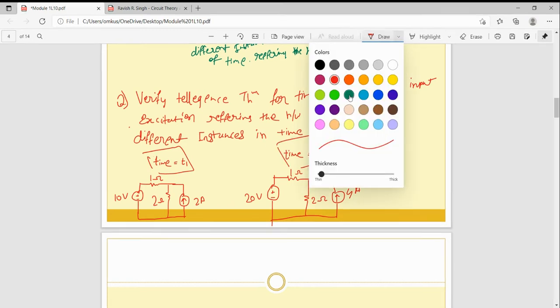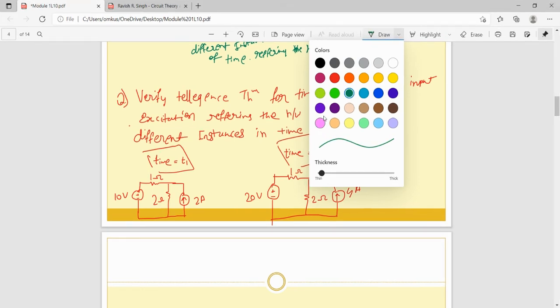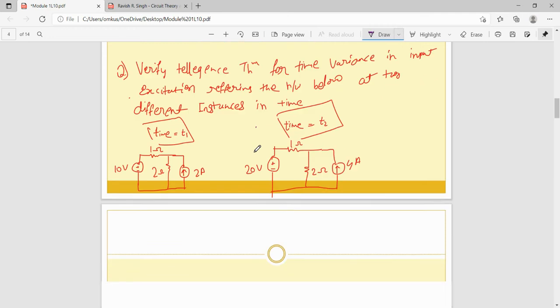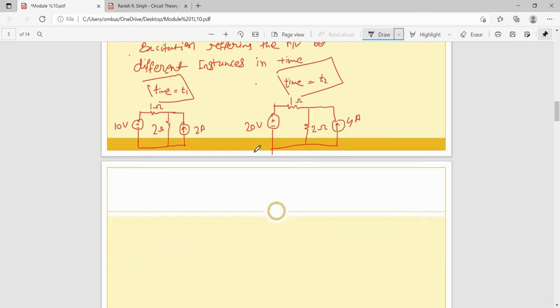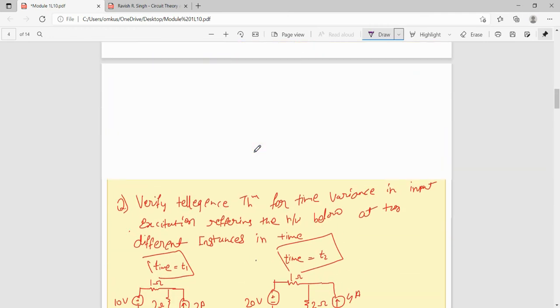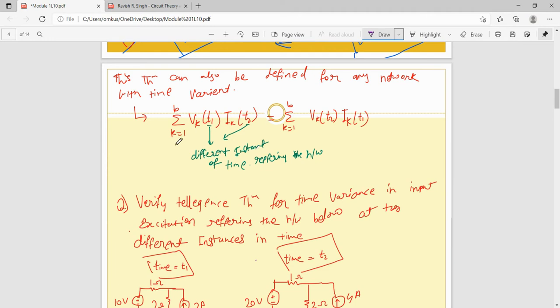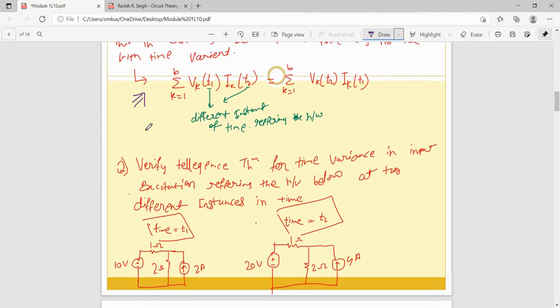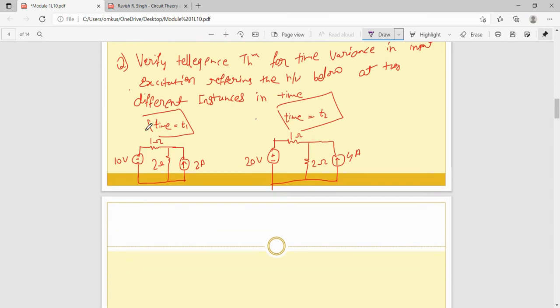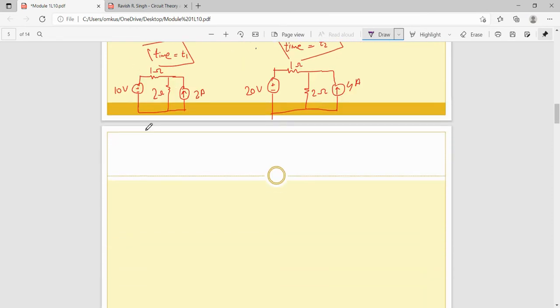Now you need to prove that by using Tellegen's theorem. So see here, you have seen this equation above, and you need to use this equation according to Tellegen's theorem and prove that. Now see how to use this theorem.